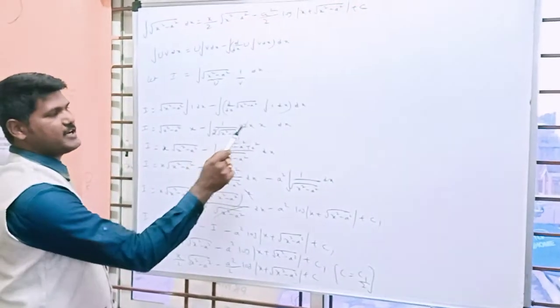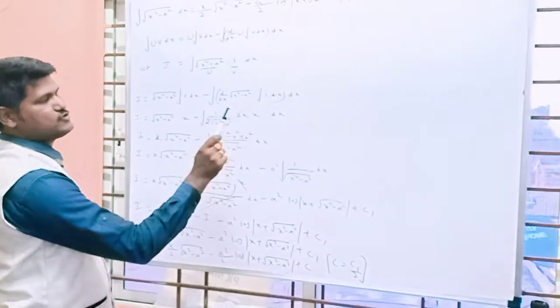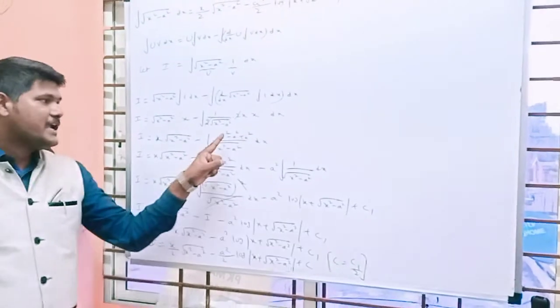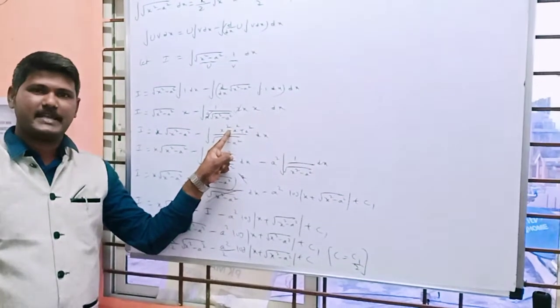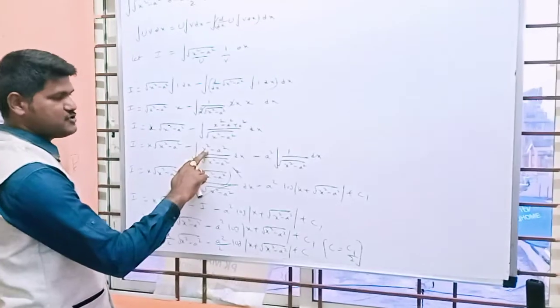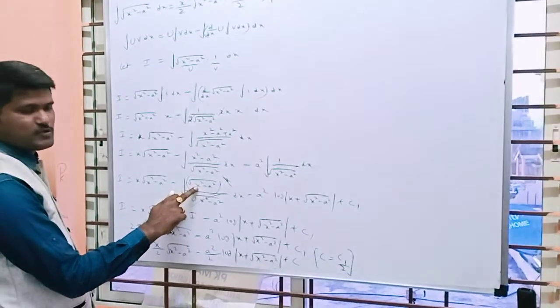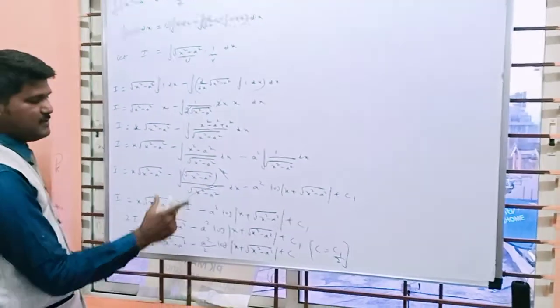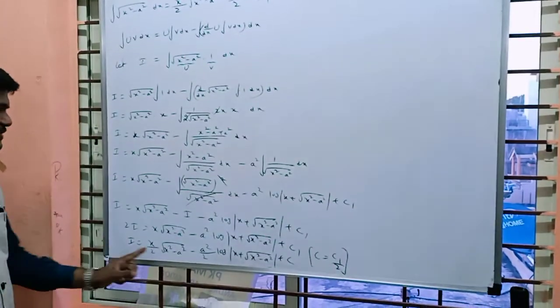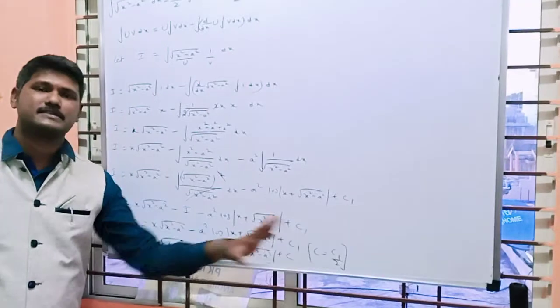This is not x, so x square differentiates to 2x, a square differentiates to 0, integral 1 is x, 2 cancels, x and x square. In the numerator, add and subtract a square, minus a square plus a square. Then separate the terms. Then this numerator, write root of x square minus a square whole square. Then in the denominator and numerator, one term cancels. This is nothing but I. Minus side transfer to the left hand side, 2I. 2 transfer to the right hand side, c1 by 2 is nothing but c.